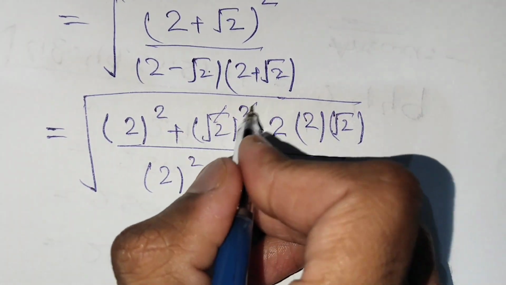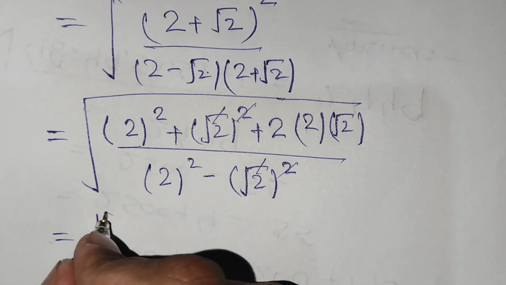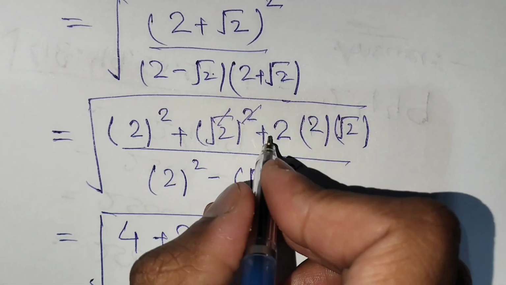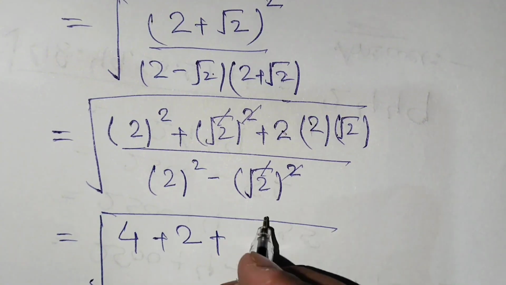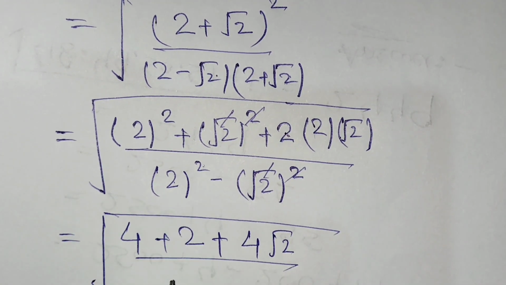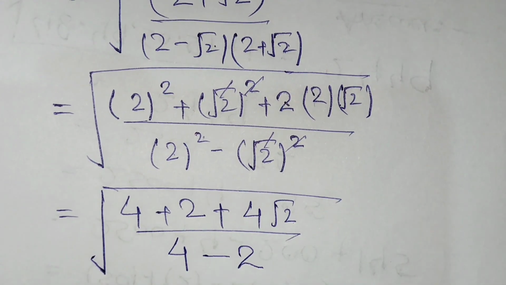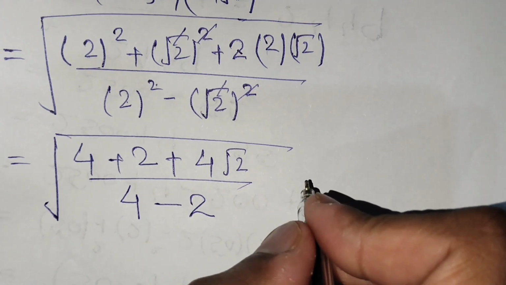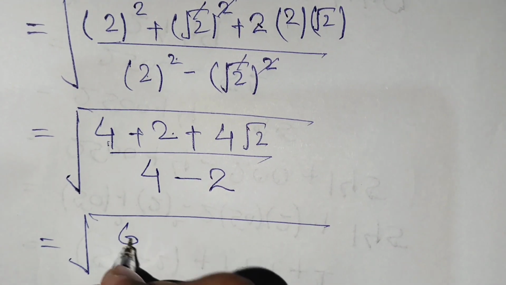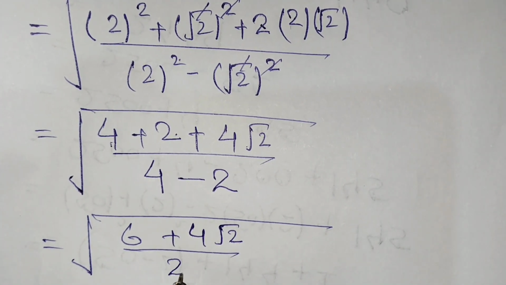Now square root cancels with square, we have square root of 2 square is 4, plus 2, plus 2 into 2 is 4 square root of 2, divided by, this is 2 square is 4 minus 2. So we have square root of 4 plus 2 is 6 plus 4 square root of 2 divided by 2.